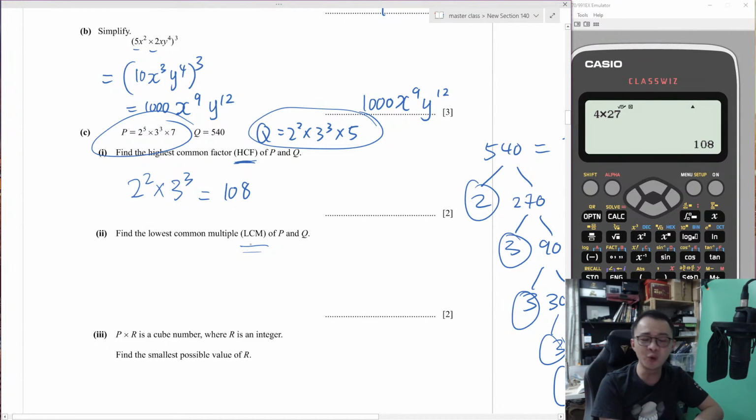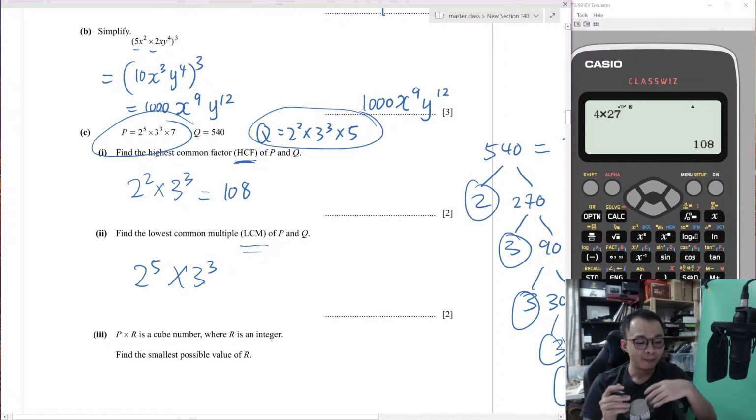Alright, then for lowest common multiple, we need to take the highest power here. P has 2 power of 5, Q has 2 power of 2. So the highest possible is 2 power of 5. Both of them have 3 power of 3, so the highest is just 3 power of 3.